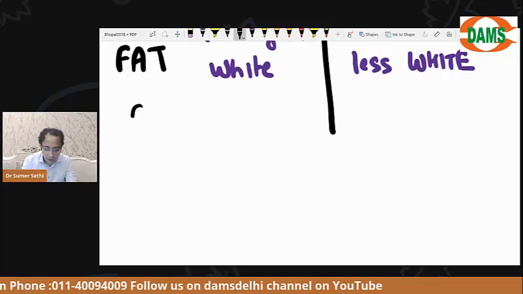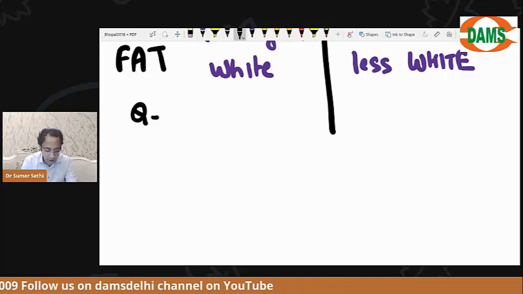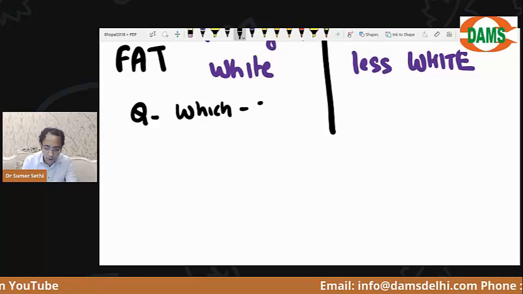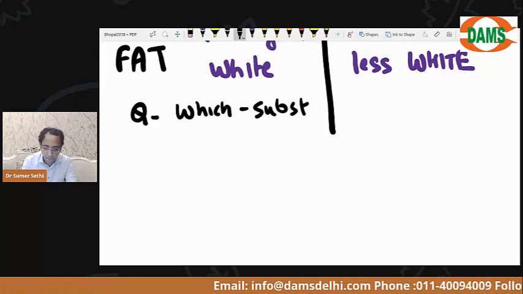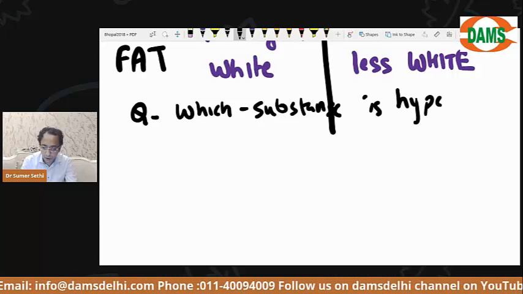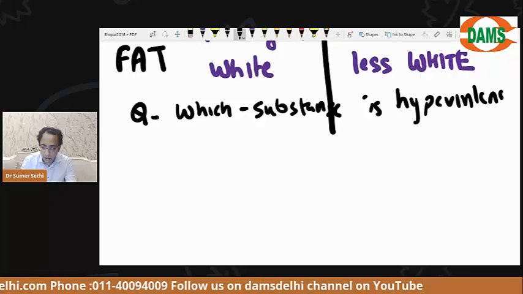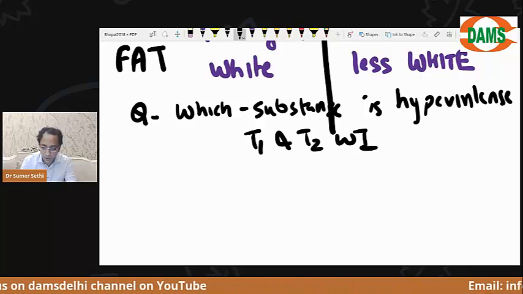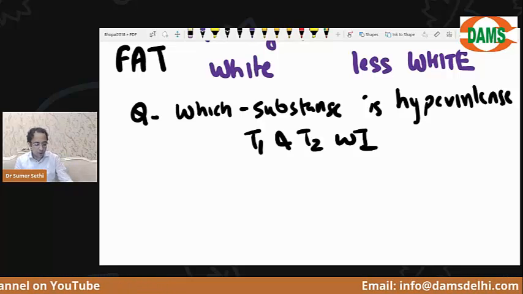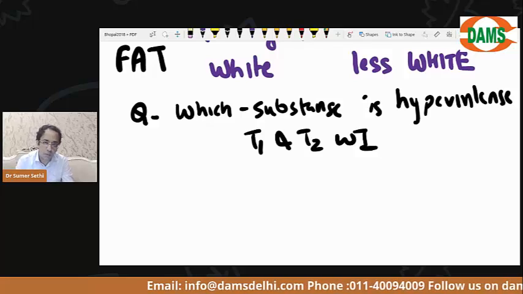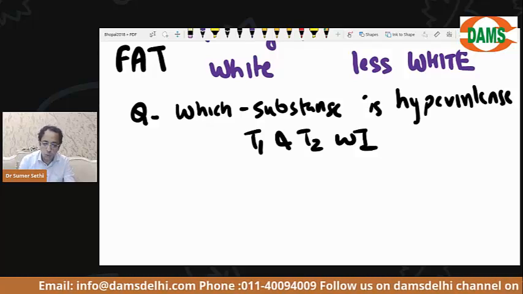In 2019, in the NEET PG exam, they asked: which substance in our body is hyper intense on both T1 and T2 weighted image? Hyper intense means white on both T1 and T2 weighted image.